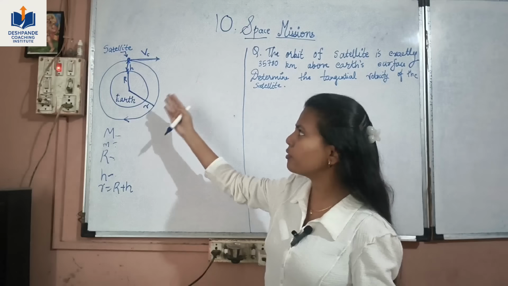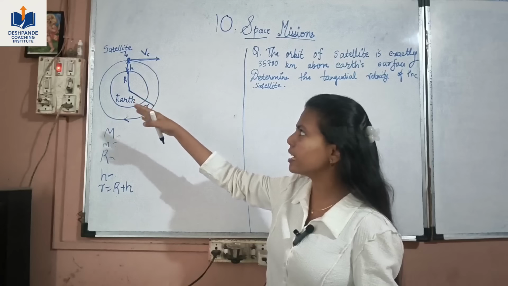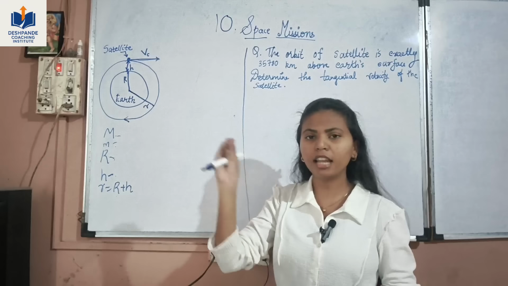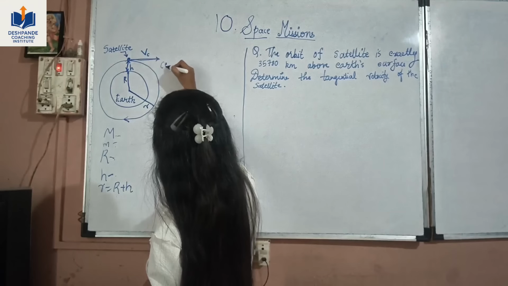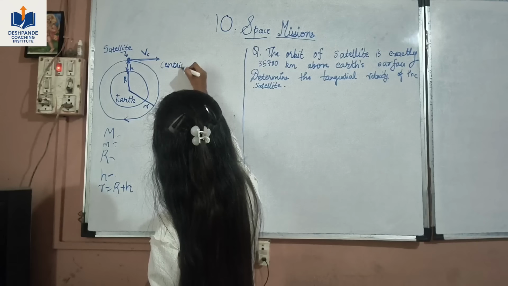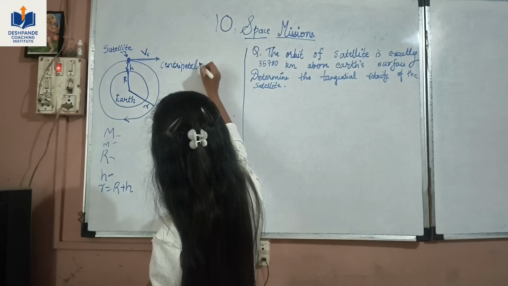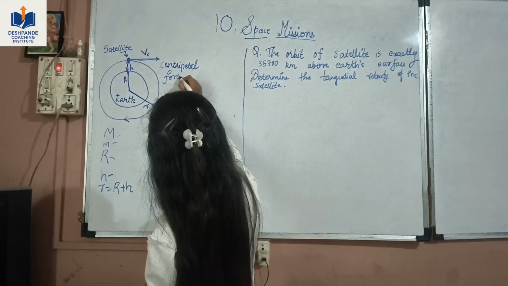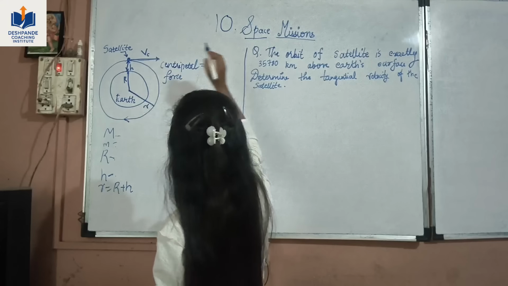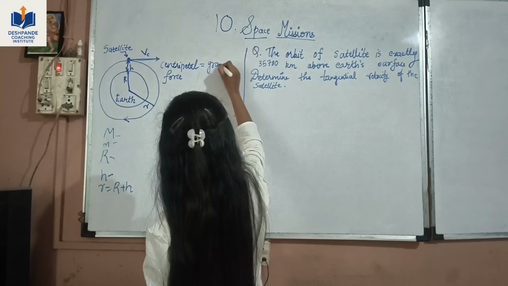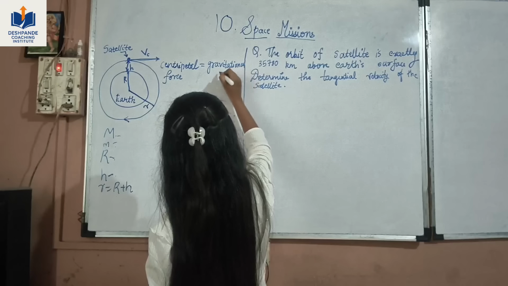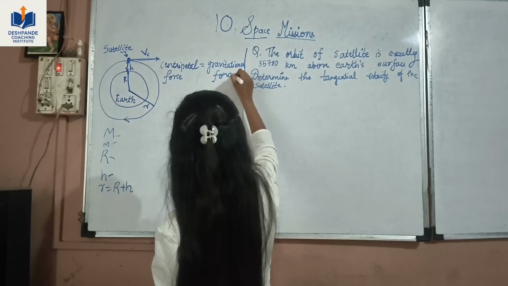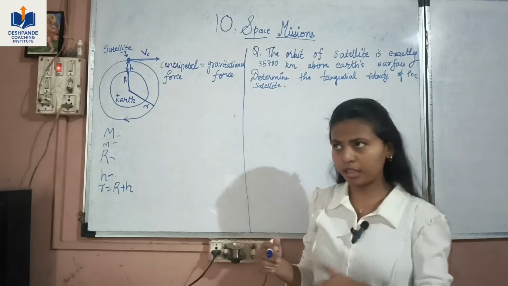So the centripetal force which binds the satellite in its orbit and the gravitational force are equal. So we'll equate them. So the centripetal force which acts on the satellite is equal to the gravitational force which is exerted on the satellite by the earth.